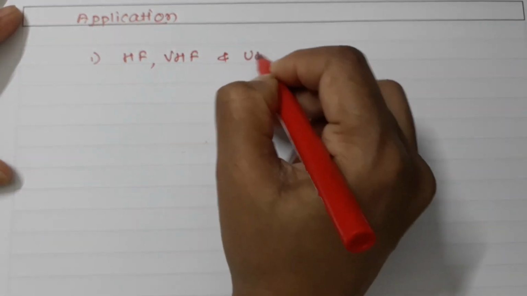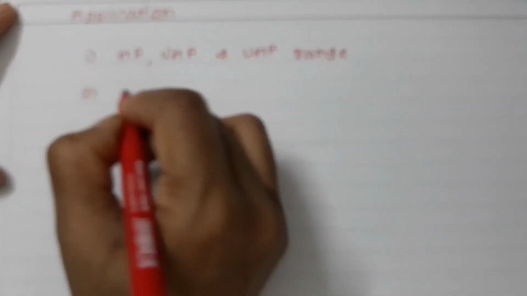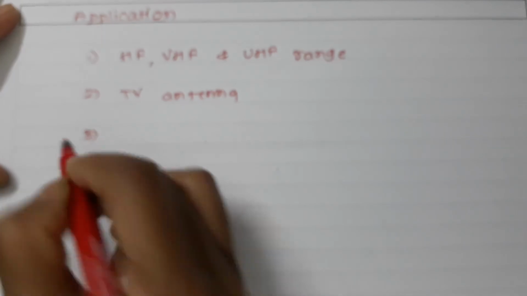Now let us talk about the applications of the antenna. The first application: you are using it in the HF, VHF and UHF range. Second, you are using it as the TV antenna; your major application is the TV antenna.